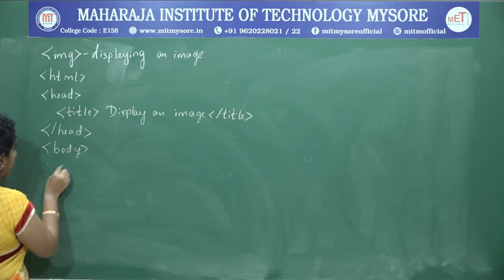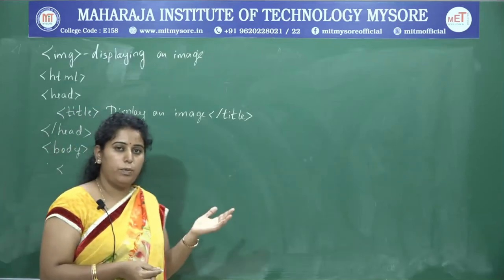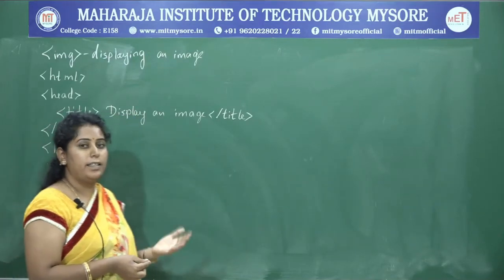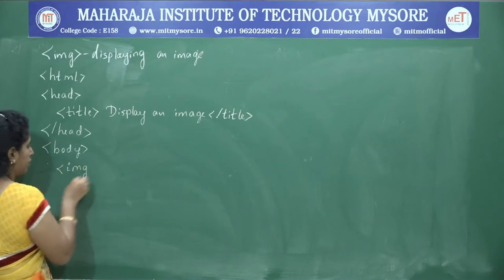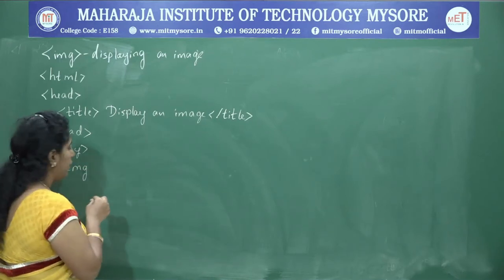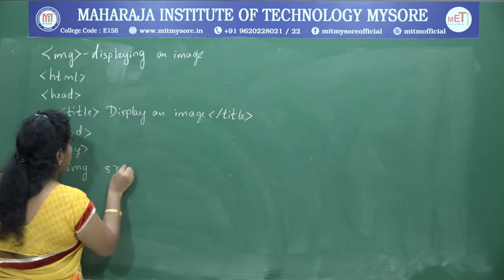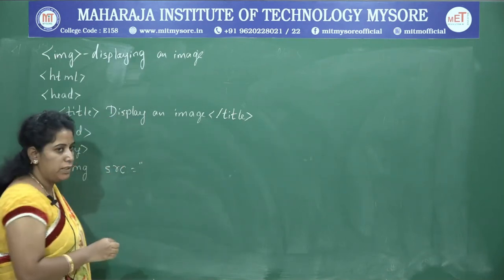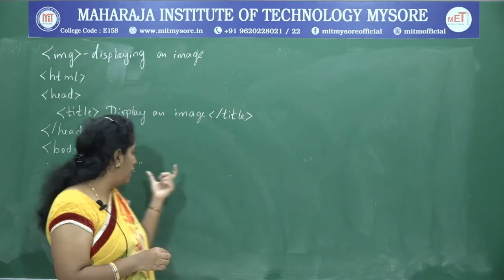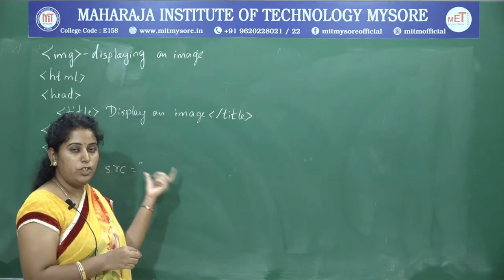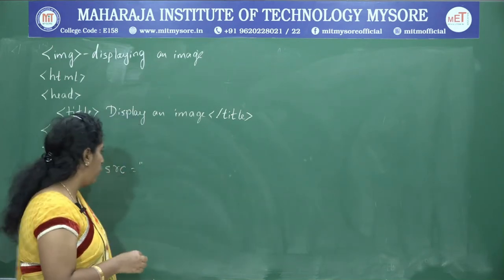In the body I can type some paragraph or text to be printed, or I may directly start with the image tag. How? img. This tag consists of two attributes, that is src, source. The source attribute represents where exactly that image is located. The image file name or the path where that image is stored needs to be provided.